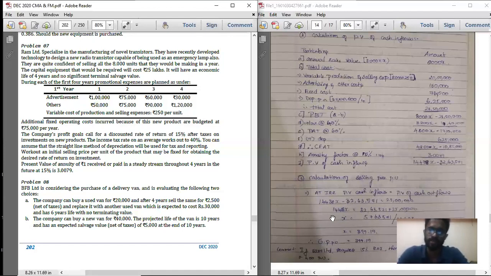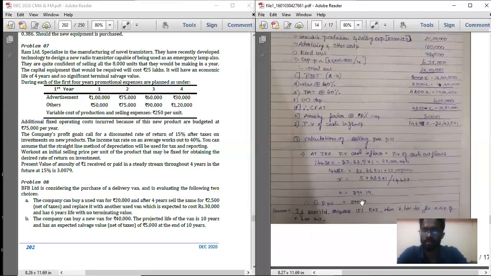Below that, X is equal to 57,63,571 divided by 14,438. You are getting X is equal to 399.19.